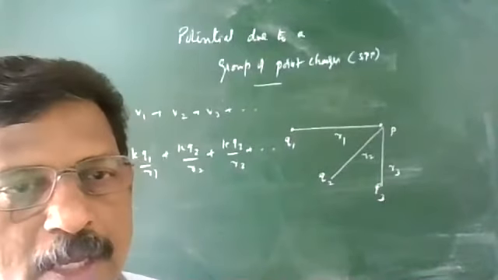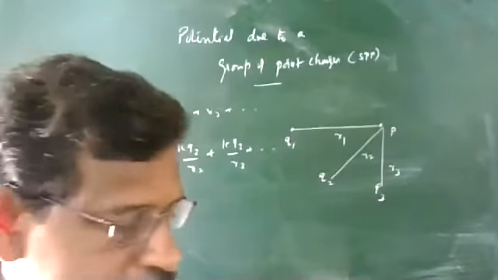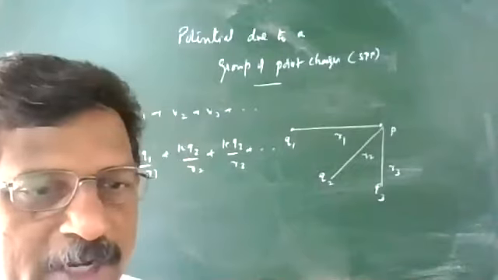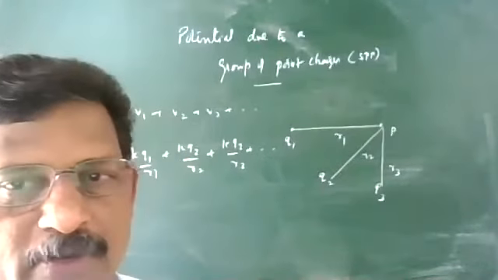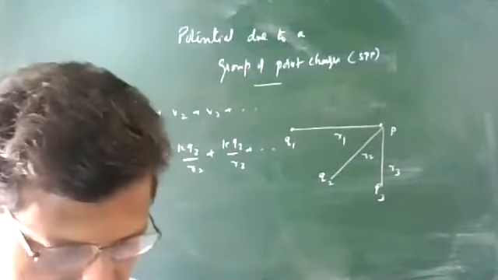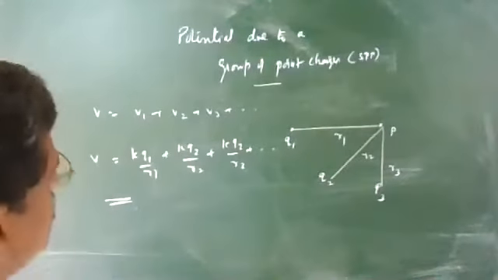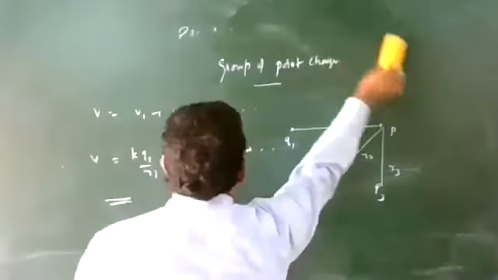Okay. Numerical number 1. Suppose you want to find out potential at the midpoint of an electric dipole. What will be its value? You can do it in the copy. All of you make the diagram. Diagram number 1.